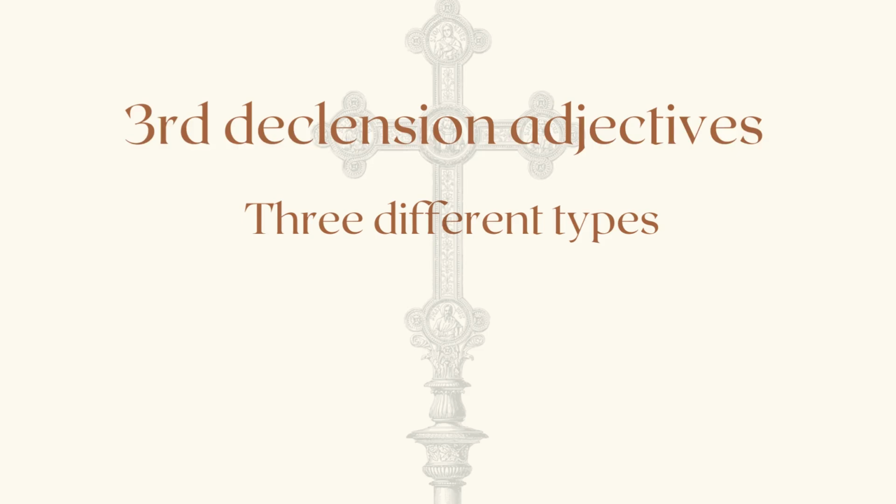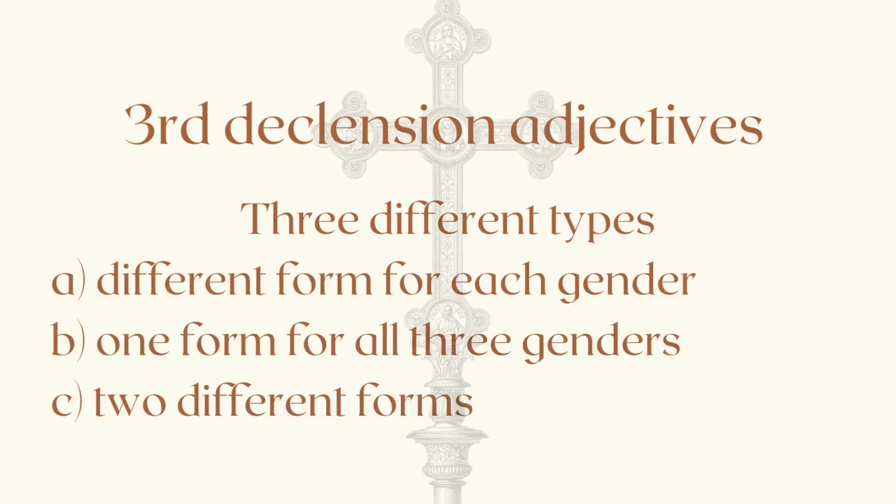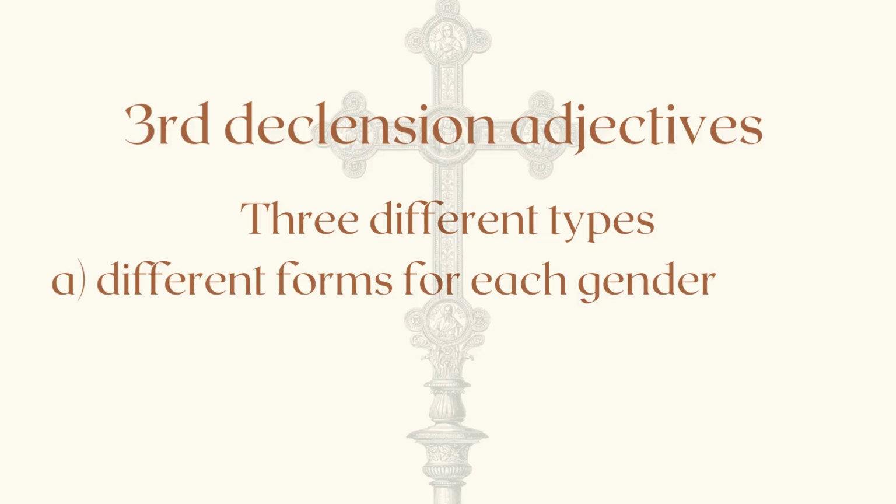Within this group, there are three different patterns, and they're characterized according to whether there are separate forms for each gender, or one form for all three genders, or two different forms. The dictionary listing will indicate to you which type that adjective is. Let's take a closer look at the first type. This is the kind that has different forms for each gender.